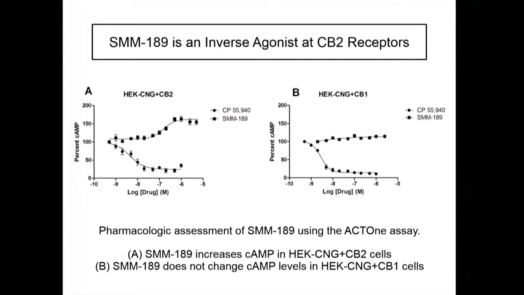You should produce a reduction in cyclic AMP, because that's what cannabinoids do. When they act at CB1 or CB2 receptors, they reduce cyclic AMP production. So this is normal. But what SMM does, instead of reducing it or producing no effect, is it increases cyclic AMP. So it does the opposite of an agonist, so we call it an inverse agonist. It doesn't do anything of note at CB1 receptors. So it seems to be selective for CB2 receptors and therefore non-psychoactive.